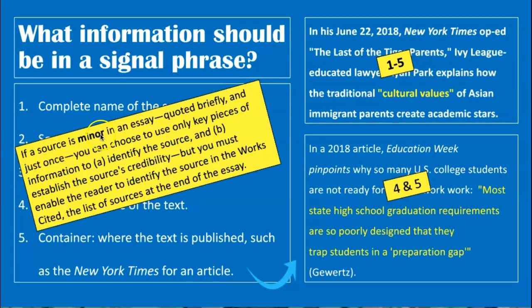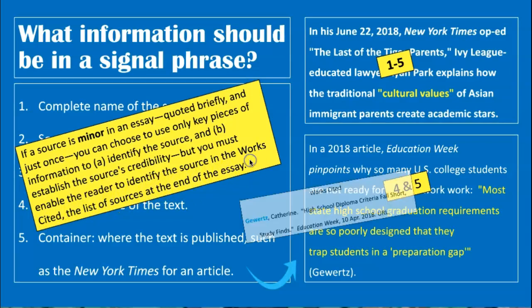If a source is minor in an essay, quoted briefly and just once, you can choose to use only key pieces of information to A, identify the source, and B, establish the source's credibility, but you must enable the reader to identify the source in the work cited, the list of sources at the end of the essay.